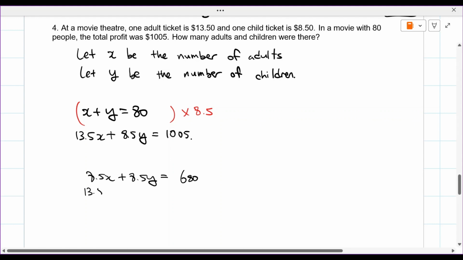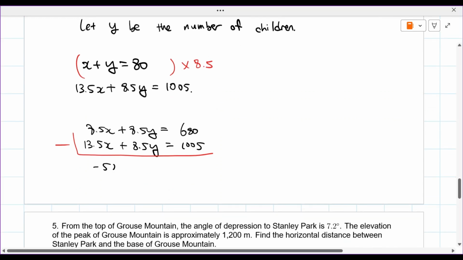And then I'll copy down the second equation one more time. And then now let's do the subtraction. It's going to be 8.5 minus 13.5 is negative 5x plus 0 equals 680 minus 1005 is equal to negative 325.